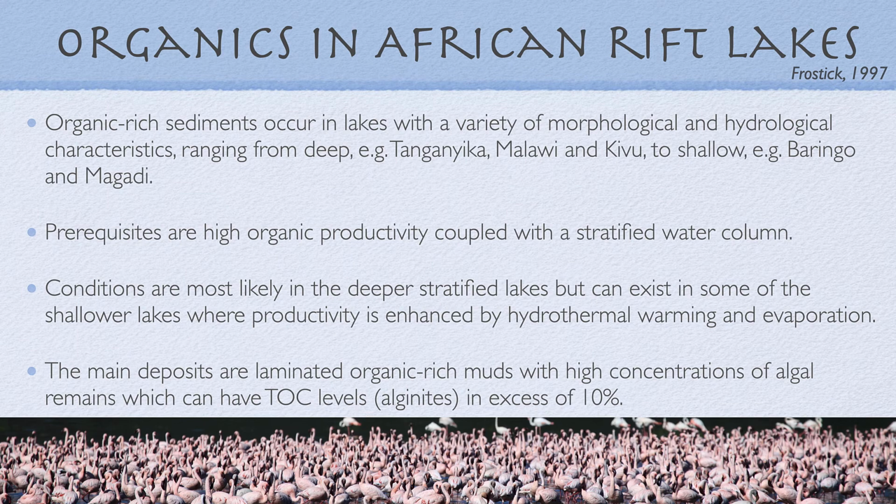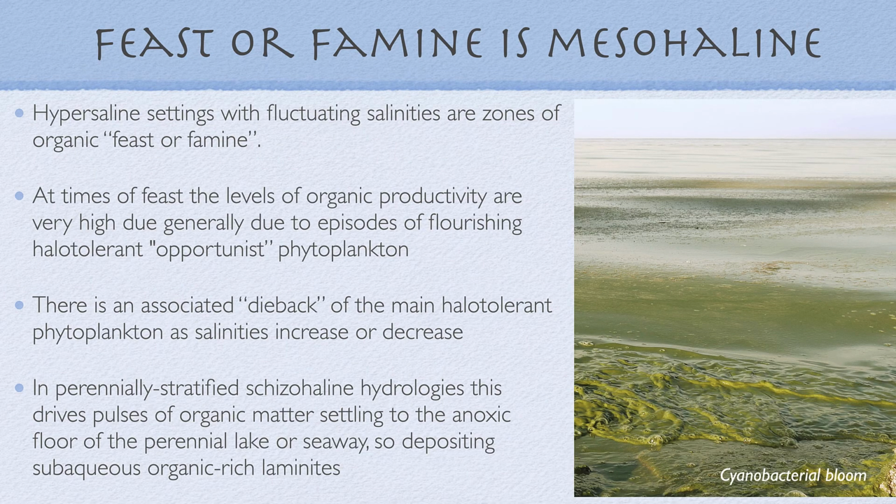And as I said, we'll come back to this when we look at the effects of brine stratification in this system a little later. But to finish off this module on feast and famine, we can conclude that hypersaline settings with fluctuating salinities are levels of organic feasting or famine. At times of feasting, the levels of organic productivity in these systems are very high due to the rapid growth of a flourishing halo-tolerant opportunistic phytoplankton, which in the case of the East African Rift Valley lakes is that very protein-rich Arthrospira fusiformis.